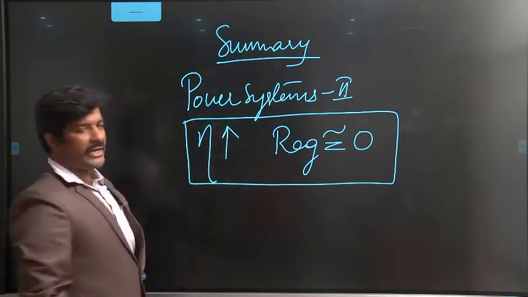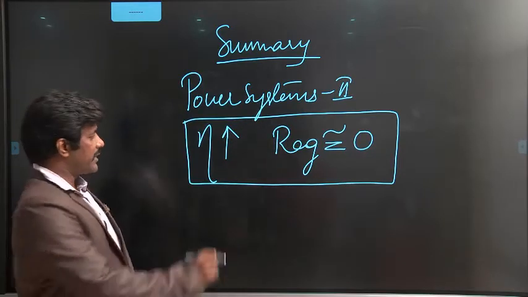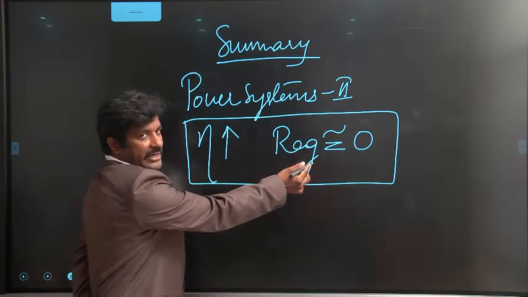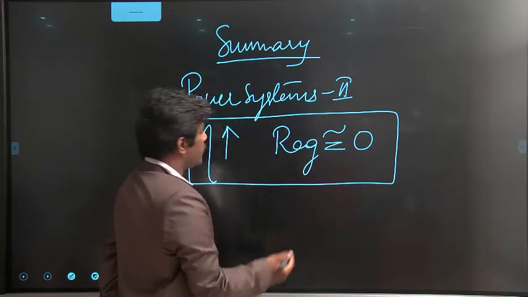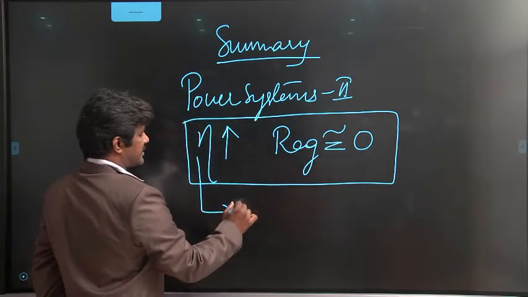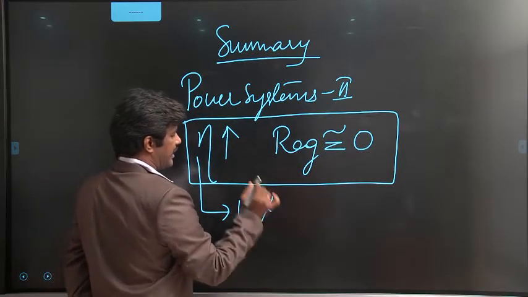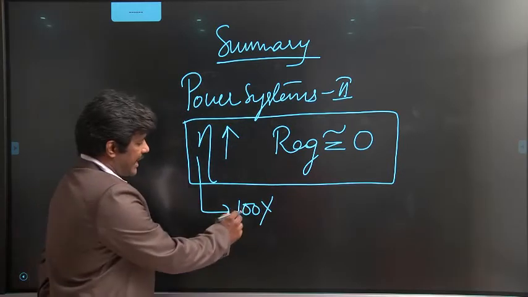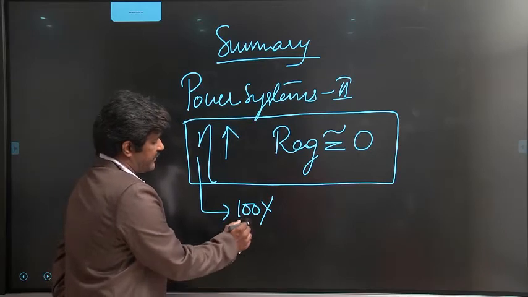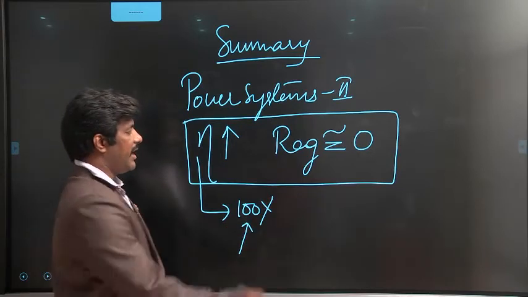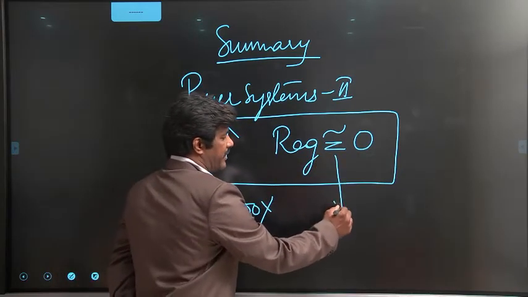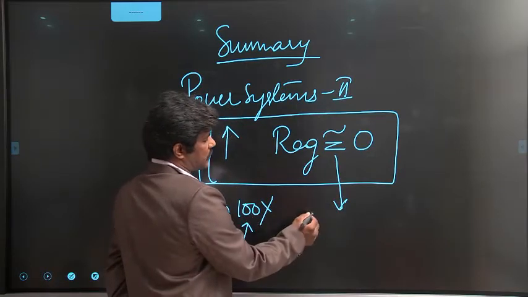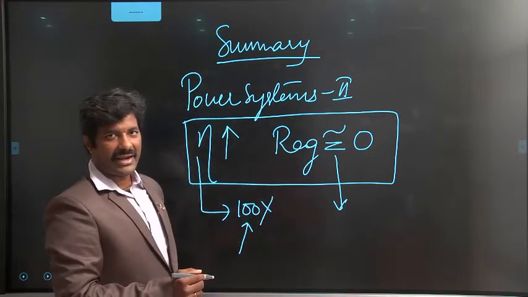Whatever you want to do, you do it and transmit the electrical power with higher efficiencies and with better voltage regulations. As I told you, the ideal value of this efficiency is 100%, and methodologies are implemented here to transmit the electrical power in such a way that its efficiencies will be nearer to 100%, and also methodologies are implemented to minimize the voltage drops, so that we will have good voltage regulated lines.